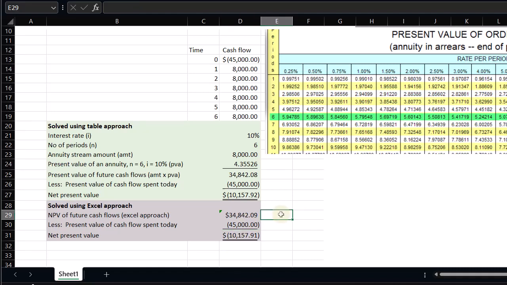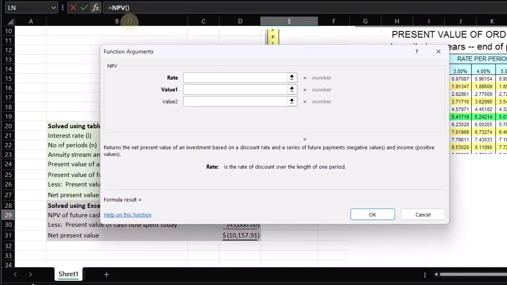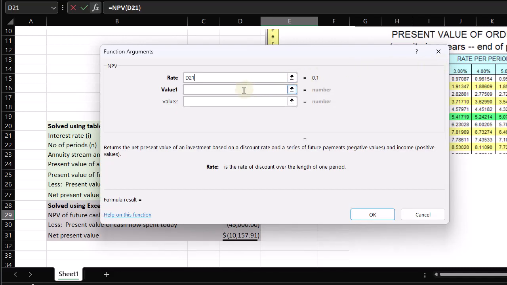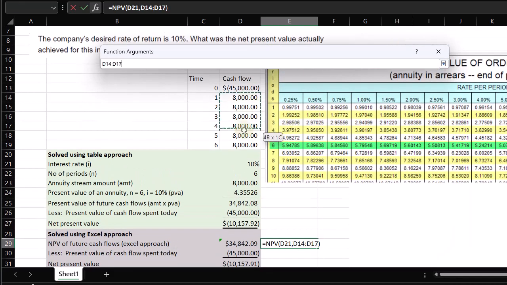Now, if by chance you wanted to solve all of this in one cell, you could certainly do that. You would say equal NPV, hit the left parenthesis, and go up to the insert function. And by the way, you don't have to do it this way. You could just start typing in the parameters. The rate is D21, and the values, repeating the same steps, would be right here.